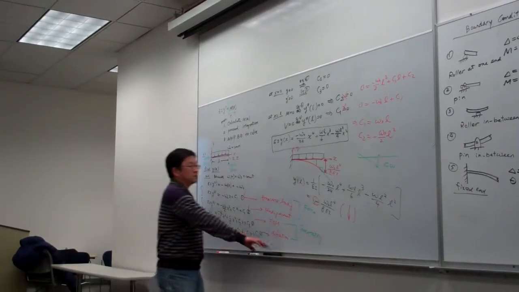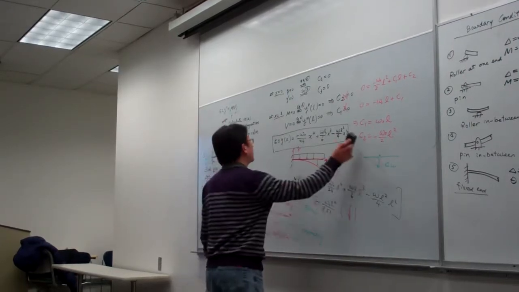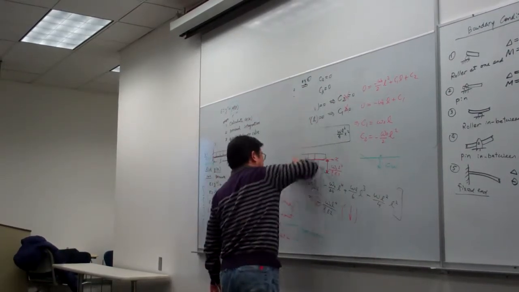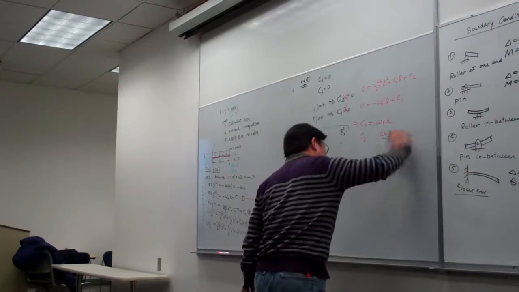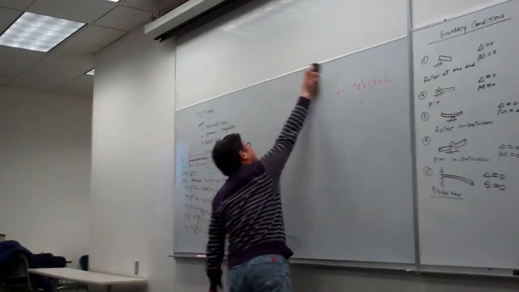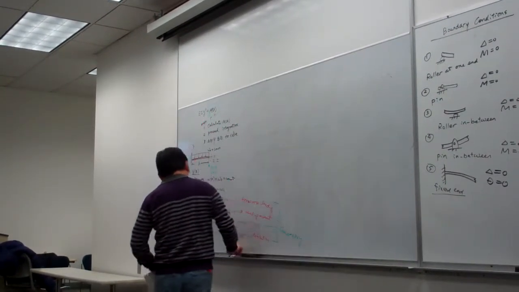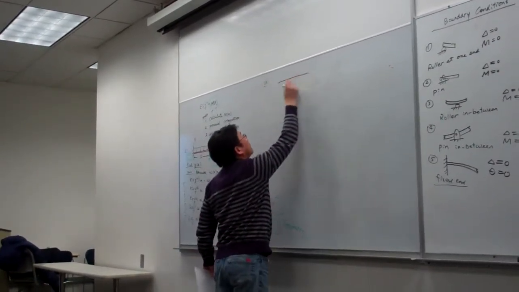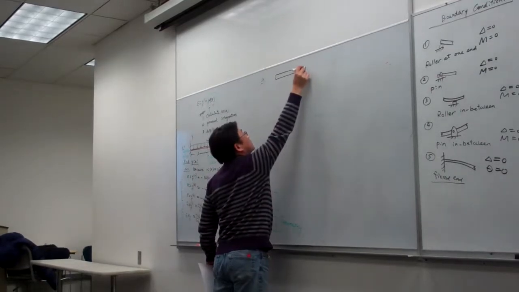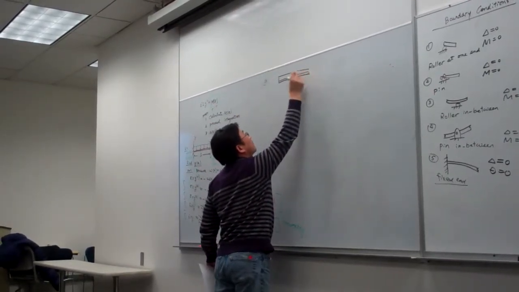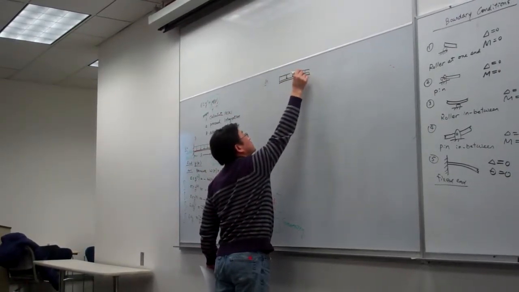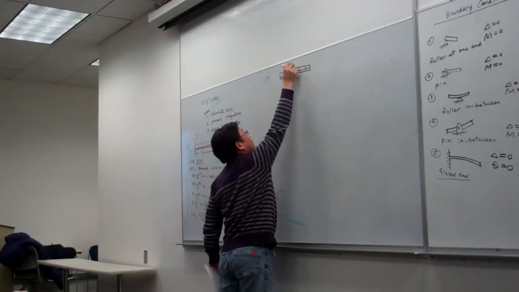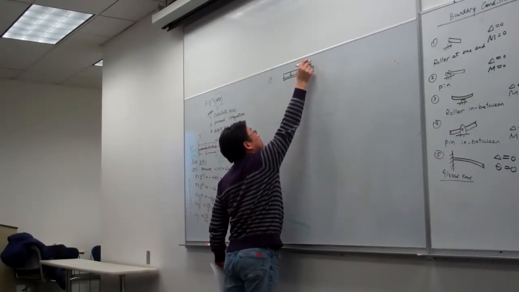Okay, so for the same loading conditions, the same type of beam, under constant distributed loading, omega equal to constant.